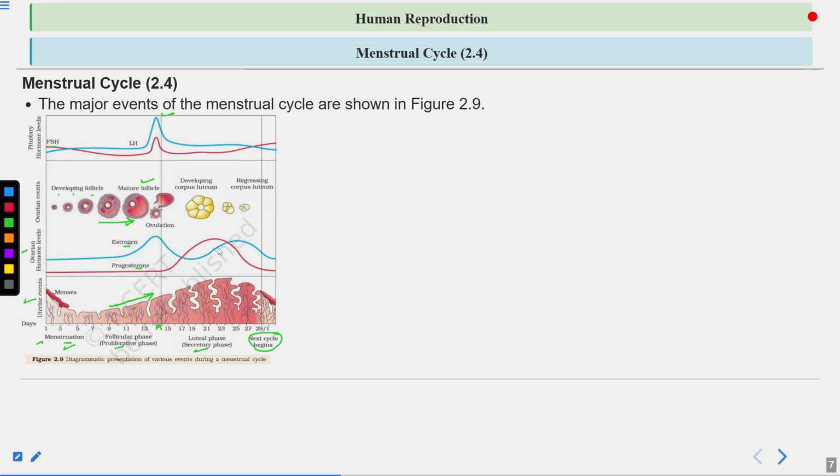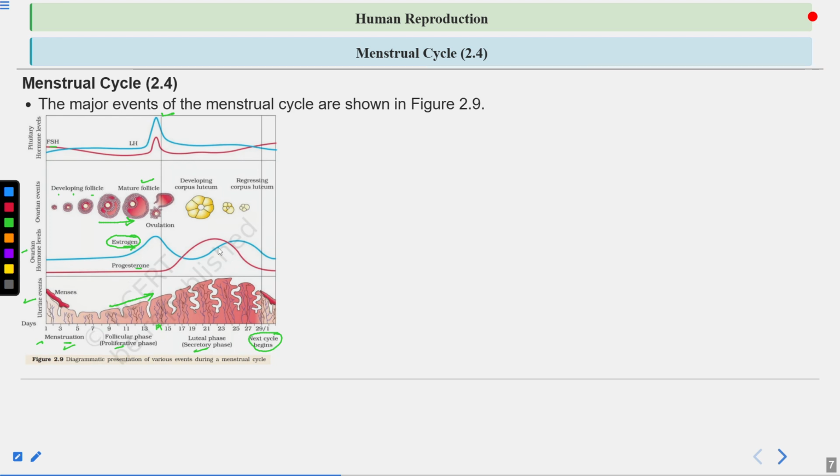Then you can see what is happening here. These follicles release estrogen. The estrogen level increases slowly, and it is maximum before ovulation. This estrogen is being released by the developing follicles. You can see this estrogen has 2 effects, negative and positive.